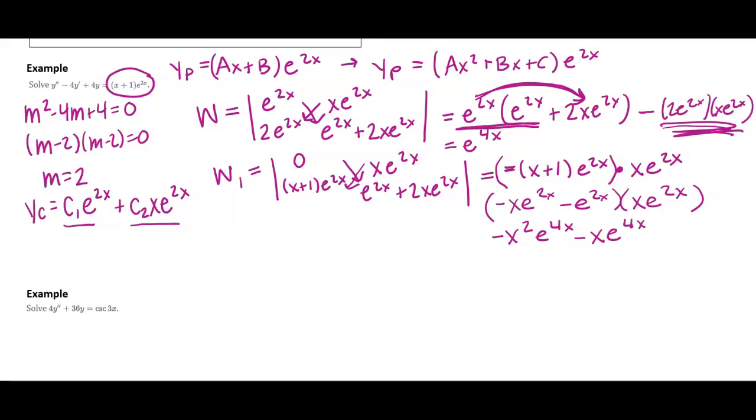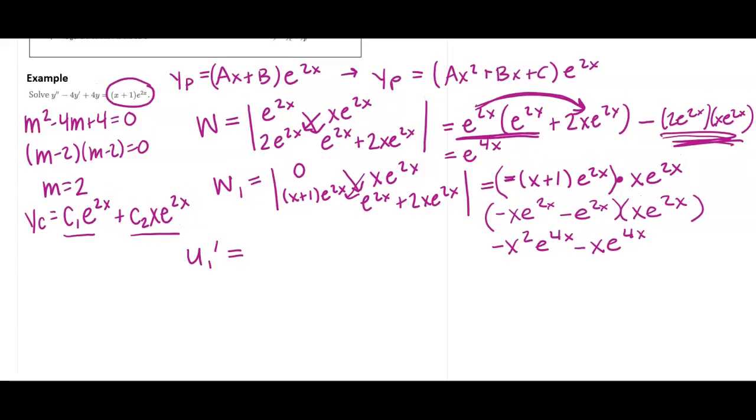And then let's go ahead and find our u1 prime. So u1 prime is equal to Wronskian 1 over our Wronskian.